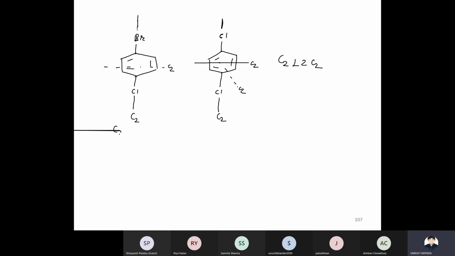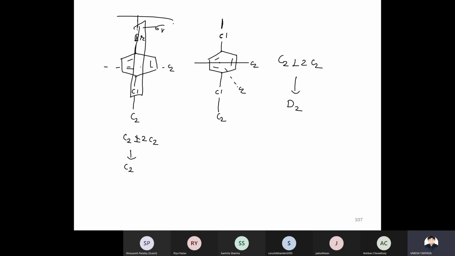Here C2 is not perpendicular to other 2C2. And therefore here the symbol used is C2. Here it is D2. Next, you can have a sigma v plane. This is sigma v and the second one is this one.